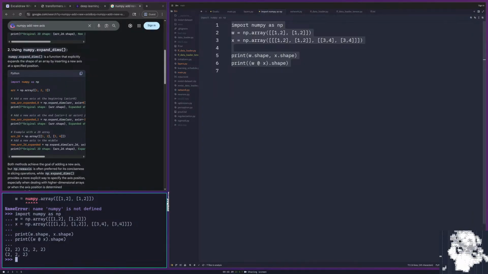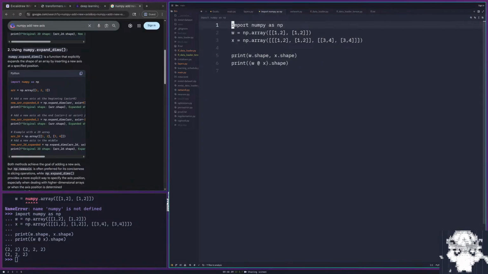Okay. So at least the shapes work out the right way. Let's make them not the same size, which would mean I need an extra one of these.